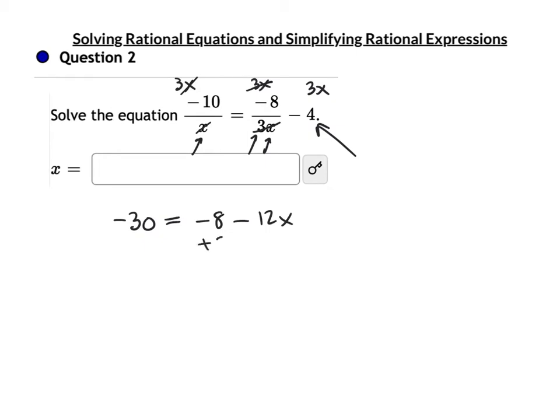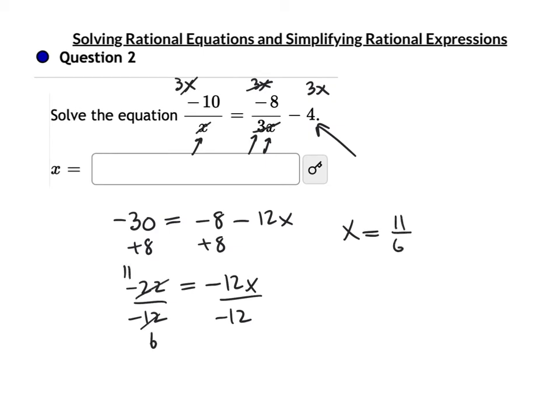We'll add 8 to both sides. And that is negative 22 equals negative 12x, and divide by negative 12. Notice that 2 negatives make a positive when you divide, and these both divide by 2, and I get 11 over 6. 11 over 6 is my answer.